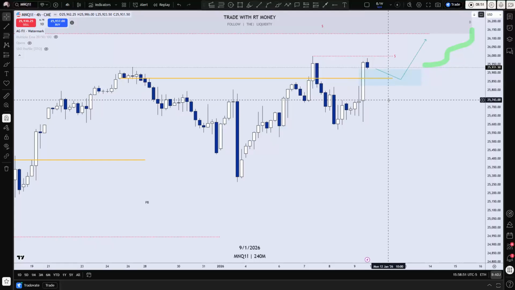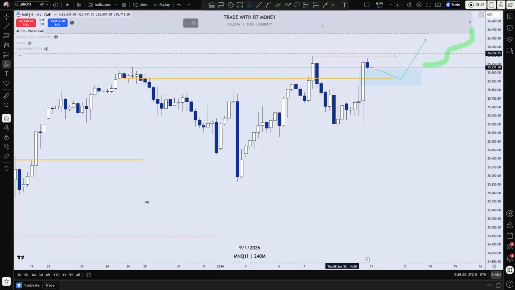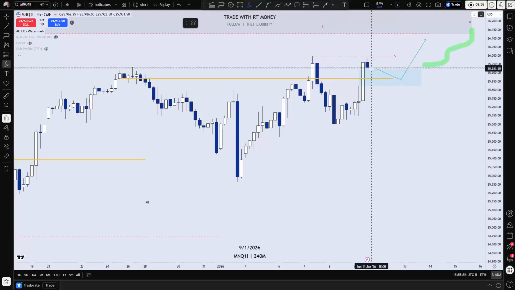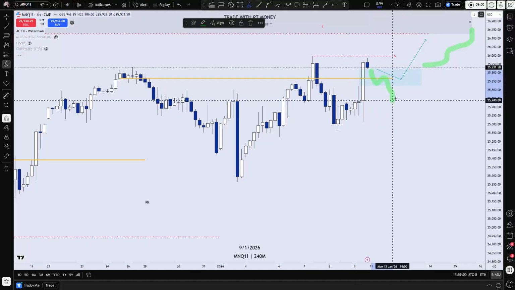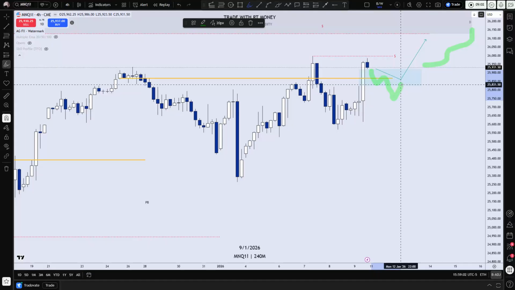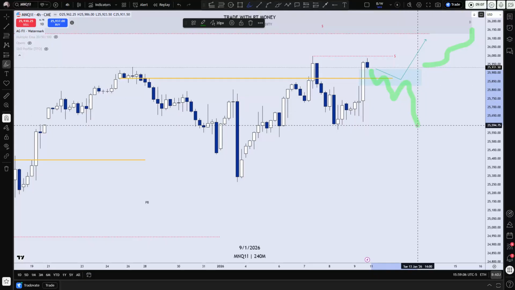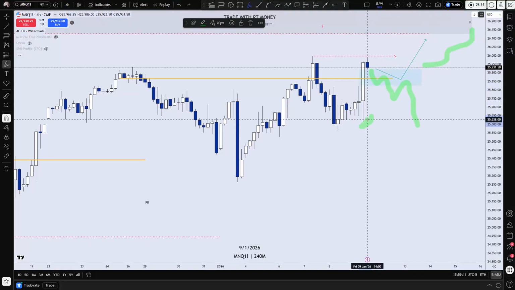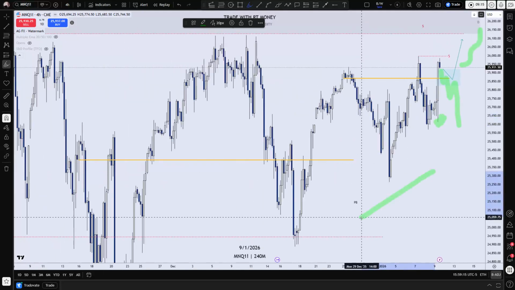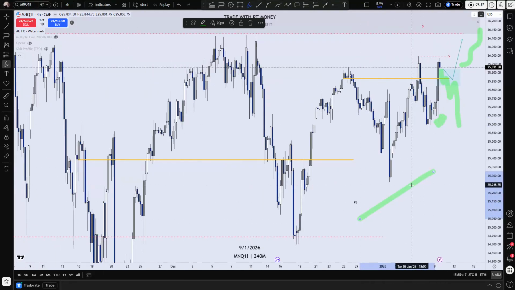And if we break, disrespect the bearish fair value gap here, it'll act as an inverted fair value gap. And once you hit that inversion, you can expect it to act as resistance, and we'll be targeting this low. I don't see that happening.